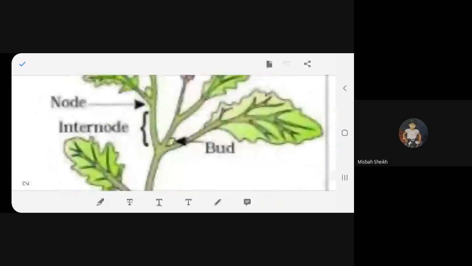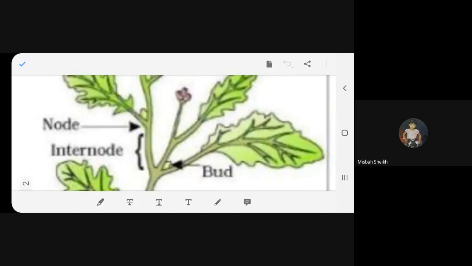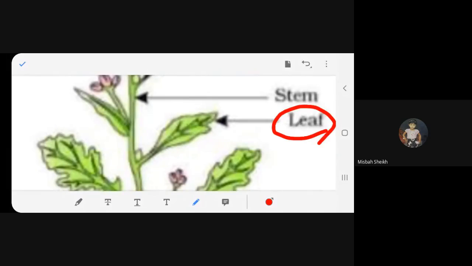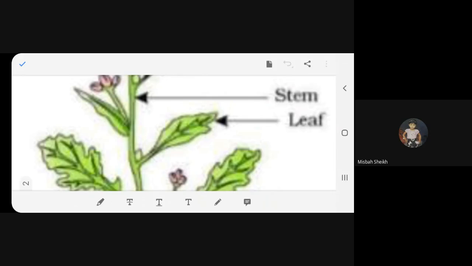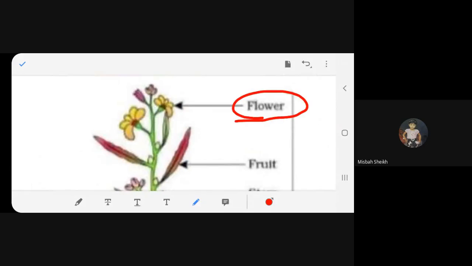Here you can see you get a bud, and from this bud one branch will come out. Then you get a leaf, and you've got a stem. And what do you get, beta? First we get a flower.